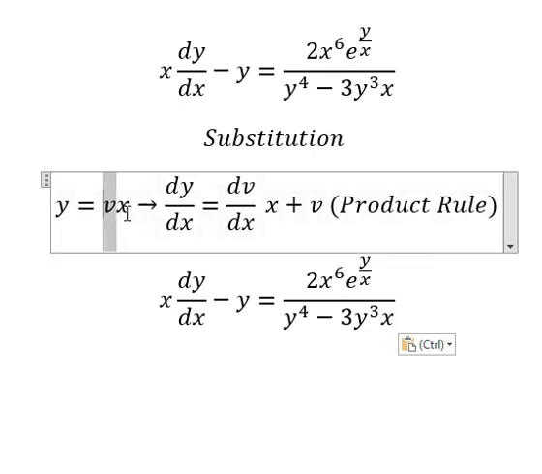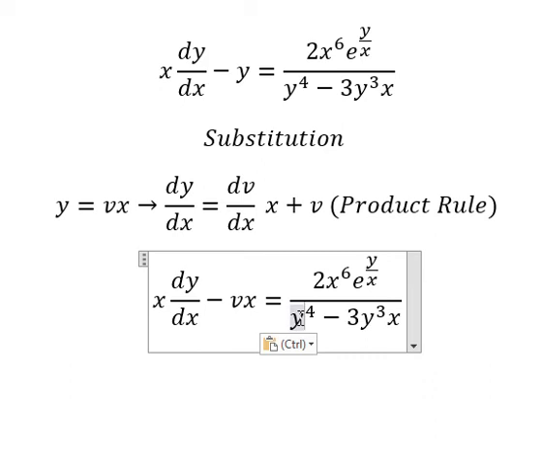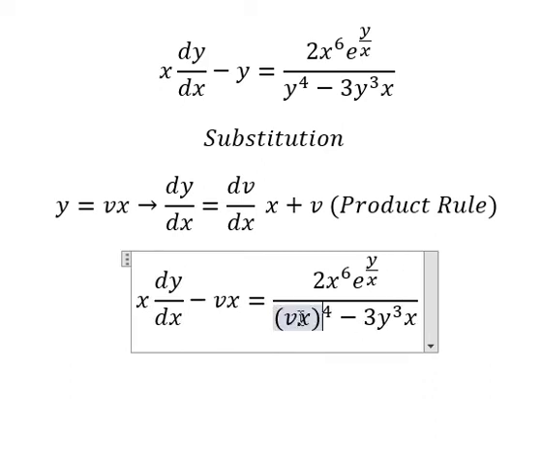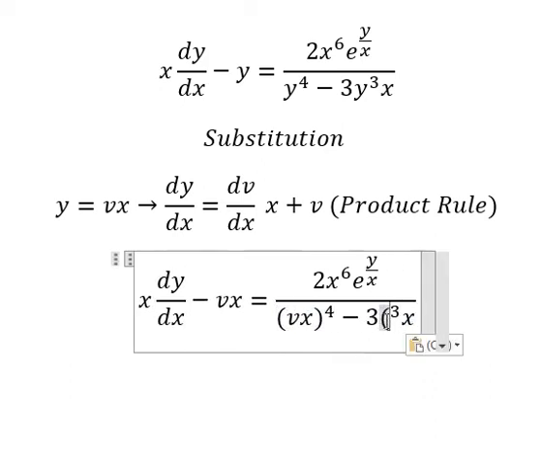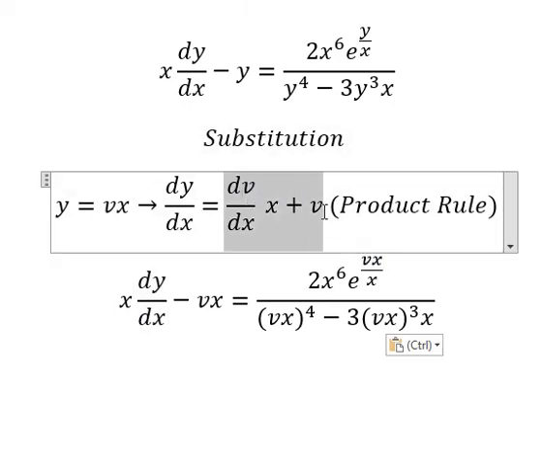Now I will substitute this in for y. This one we change for this one.